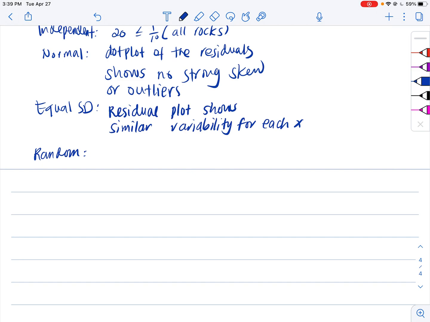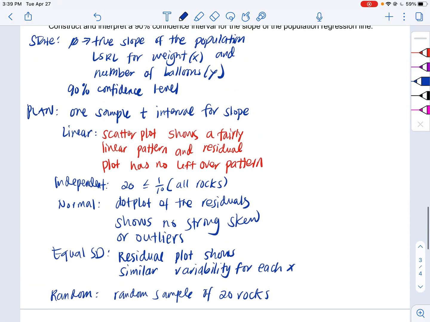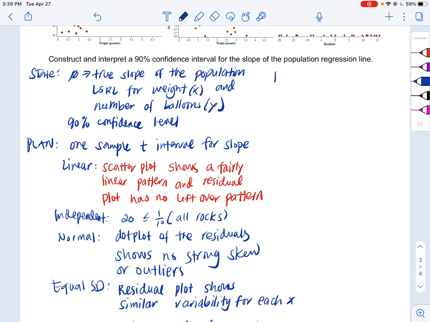Or you can also say each x has about the same variability. Okay? And then for random, we did a random sample though, yeah? Random sample of 20 rocks. Earlier, I did a random assignment because there was a random assignment. In here, I do a random sample of 20 rocks, but there was no random assignment.